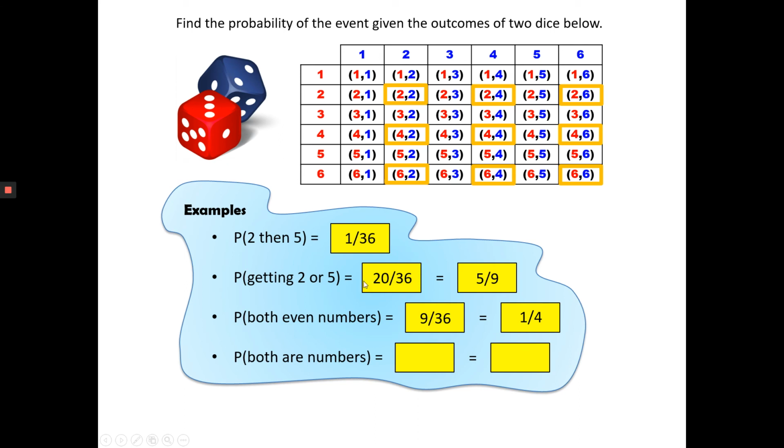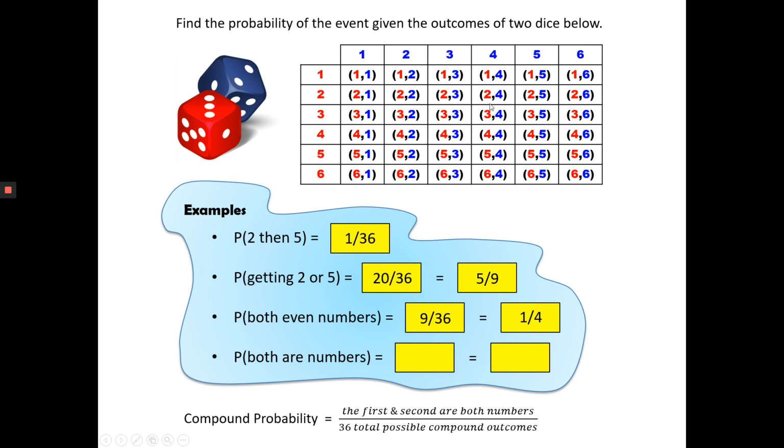All right, and the last one, let's take a look at this last one here. What's the probability that both the numbers that you get when you roll are going to be numbers? Well, that sounds crazy, but it's one of those real nice situations. It's like getting a heads or a tails with flipping the coin. The likeliness of you getting numbers when you're rolling these is all of them.